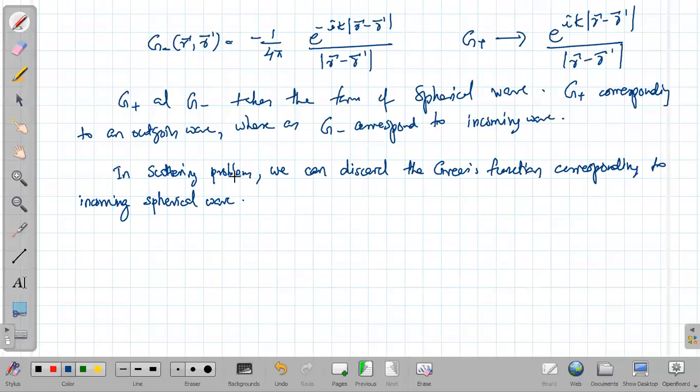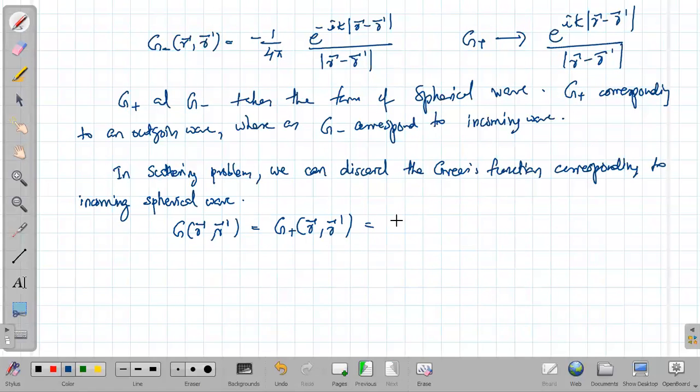Okay, so then what would be the total Green's function? The total Green's function is only G plus. So therefore, G(r, r') is simply only G plus (r, r').